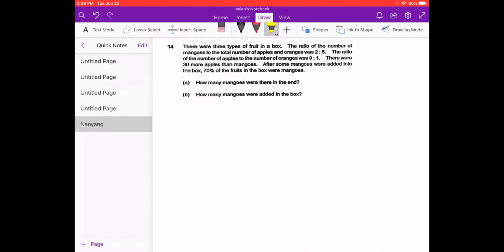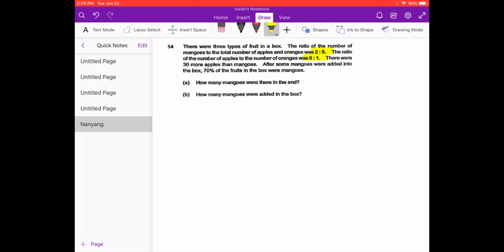Okay, there are 3 types of fruit in a box. The ratio of the number of mangoes to the total number of apples and oranges was 2:5. The ratio of the number of apples to the number of oranges was 9:1.